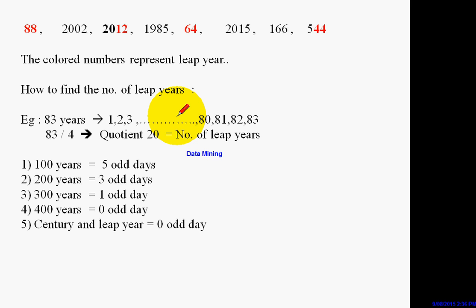Once you divide the value by 4, you will get the quotient as 20. That quotient value should be considered as the number of leap years. So in 83 years altogether, we have 20 leap years. The rest, that is the remainder part, should obviously be ordinary years. Okay, so this is how you can find the number of leap years.